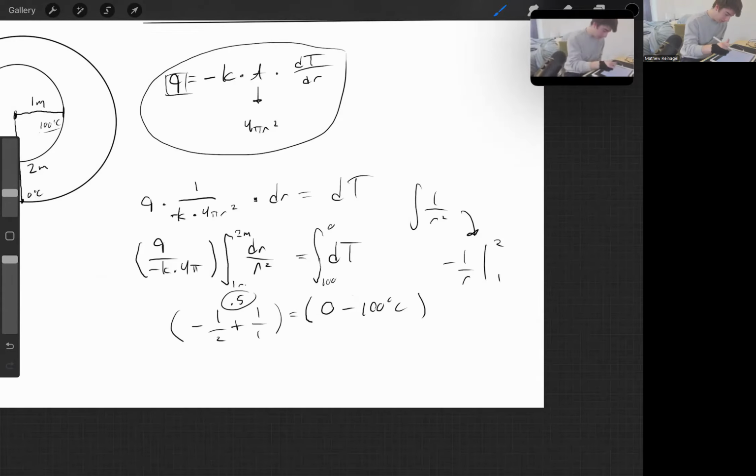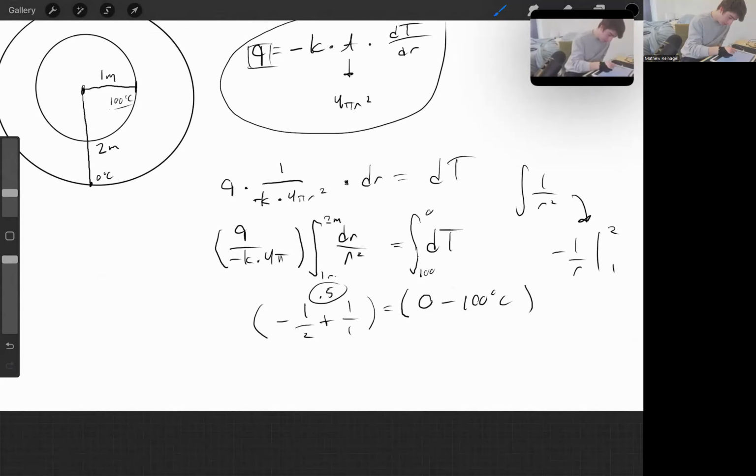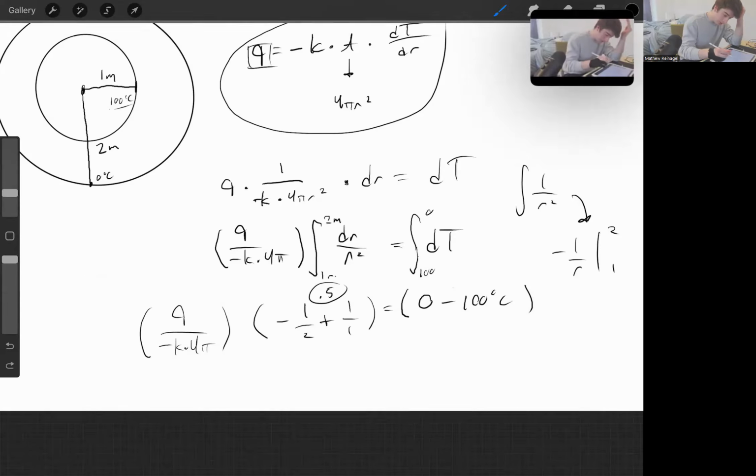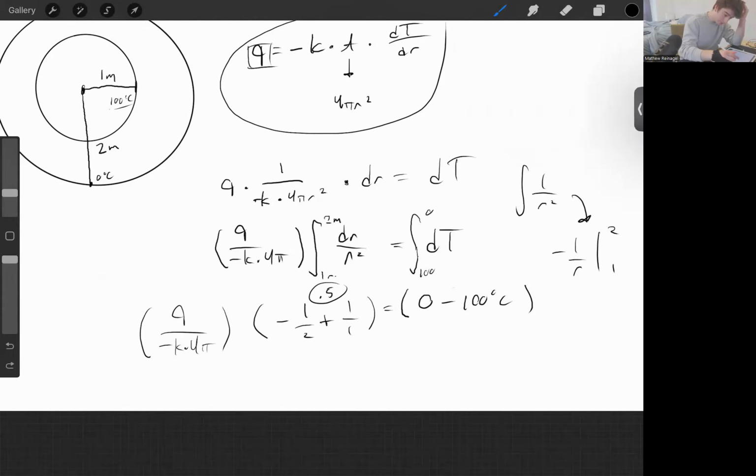And then we're going to multiply that by Q over negative K times 4 pi. And something we're going to do here, just to make sure our math actually makes sense, I'm going to go ahead and shift this negative over to 0.5, raising the negative here and shifting it over to negative 0.5.